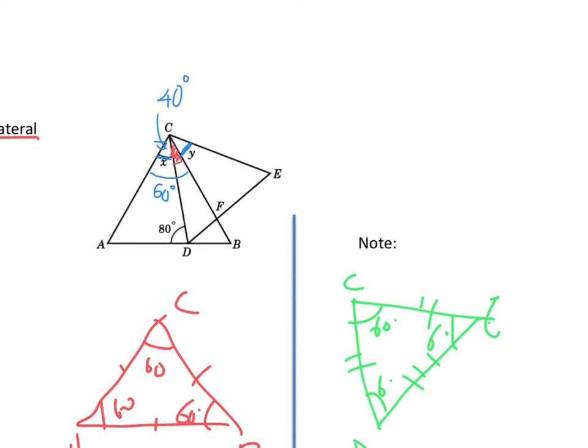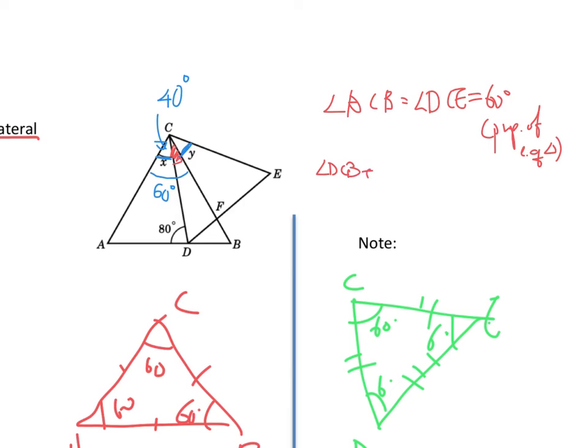So as we know that the angle ACB is equal to angle DCE, that is equal to 60 degrees. That is by the property of equilateral triangle. Therefore, the angle DCB plus x would be equal to 60 degrees.